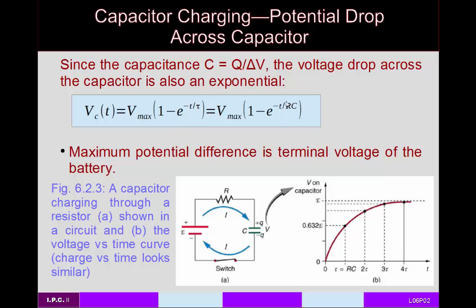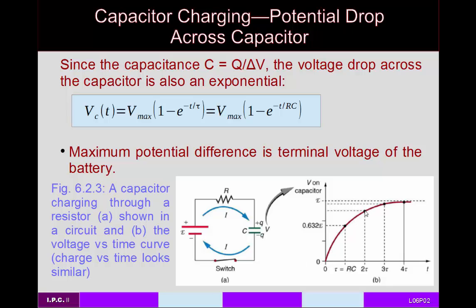So tau still retains the same definition as before, still RC. V max now is the maximum voltage that this thing is going to have across it. Well, the maximum voltage that this thing is going to have across it is basically the terminal voltage of this battery. So if you were doing this experimentally in the lab, that's what you're actually likely going to be measuring, is the voltage drop across the capacitor.